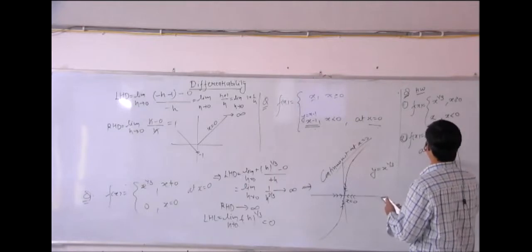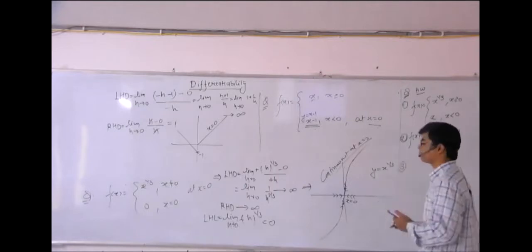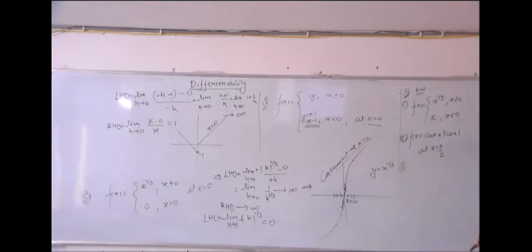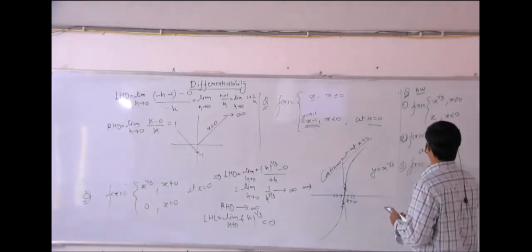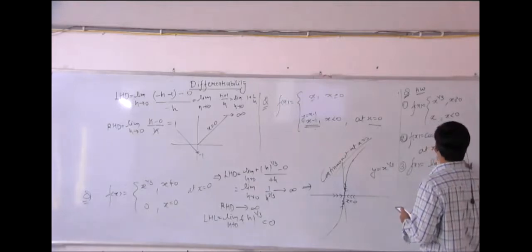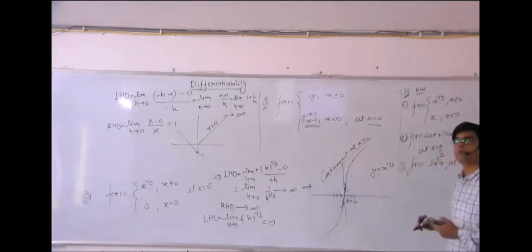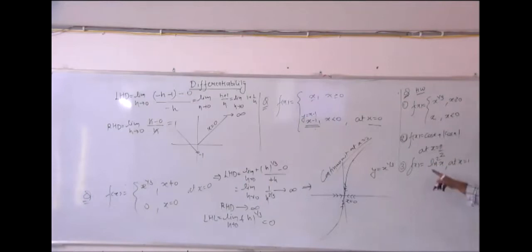Have I given this question before? Cos x plus mod cos x. Have I given? Okay. Tell me, have I given this question? It is basically ln square x, not ln x square.